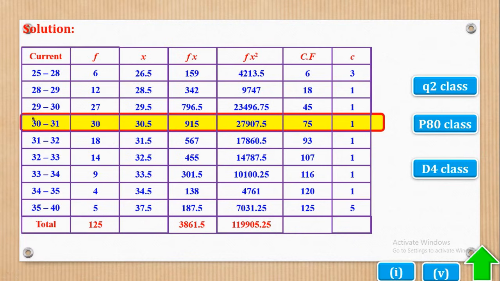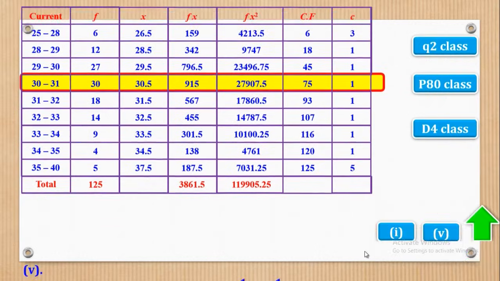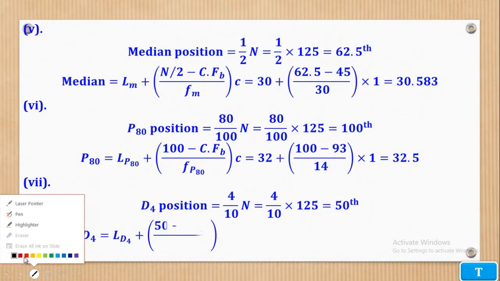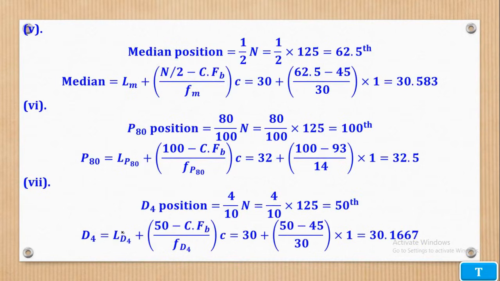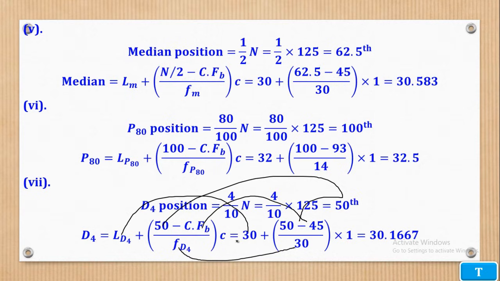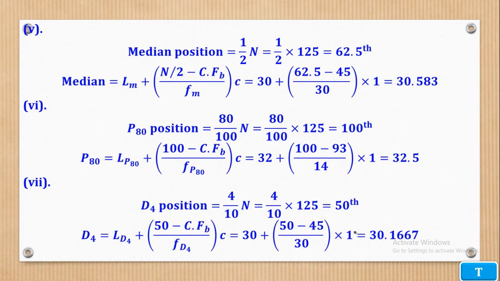Therefore, the lower class boundary is 30, frequency is 30, cumulative frequency before that class is 45, and class width is 1. So when you substitute that in the formula, we shall be able to get our 4th decile. So let's do that. So substitute for the lower class boundary. This is the position which was got here. Cumulative frequency before the 4th decile class, frequency of that class, and class width of that class. So when you use the calculator, you'll come up with this.